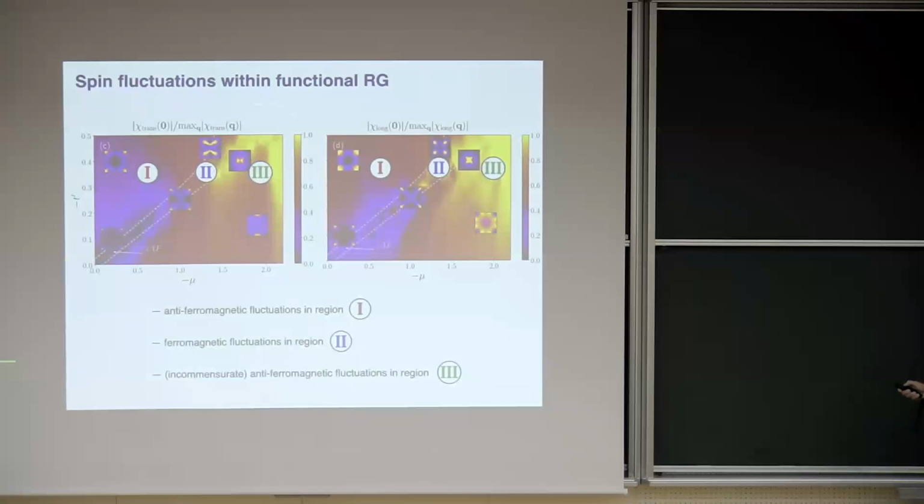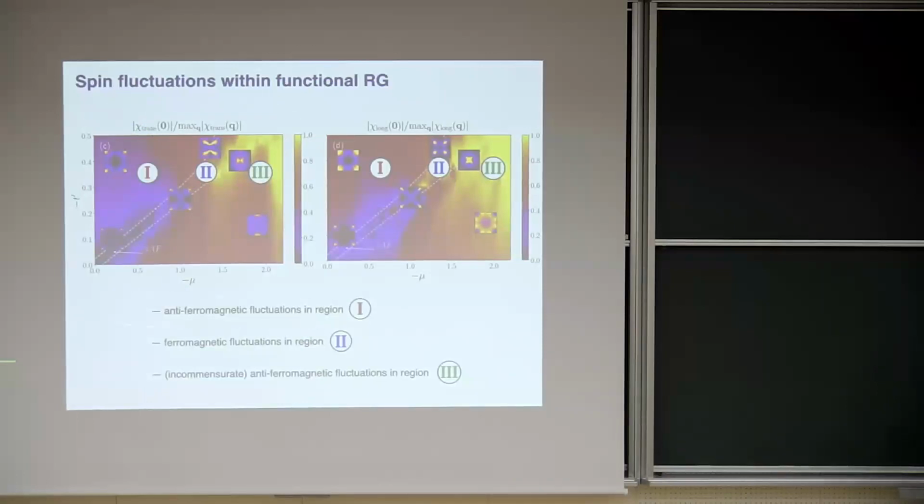And in color is shown here now the magnitude of the transversal and longitudinal susceptibility at Q = 0. That corresponds to ferromagnetic fluctuations, normalized by the maximum of these susceptibilities for any Q. And we find, interestingly enough, quite different features in these three regions. So in the first region, we have antiferromagnetic fluctuations.